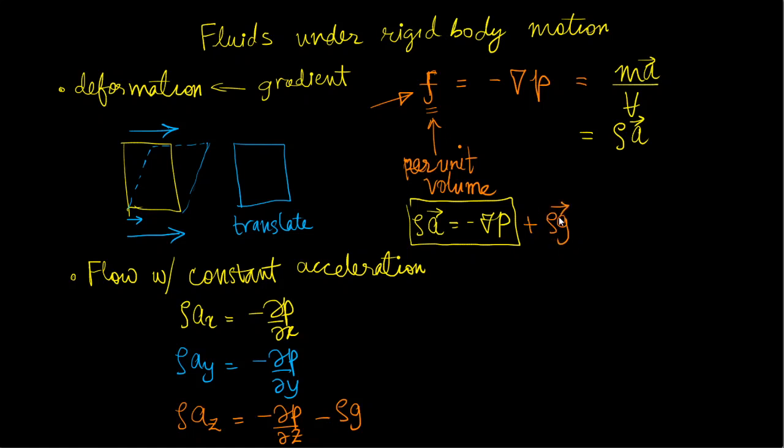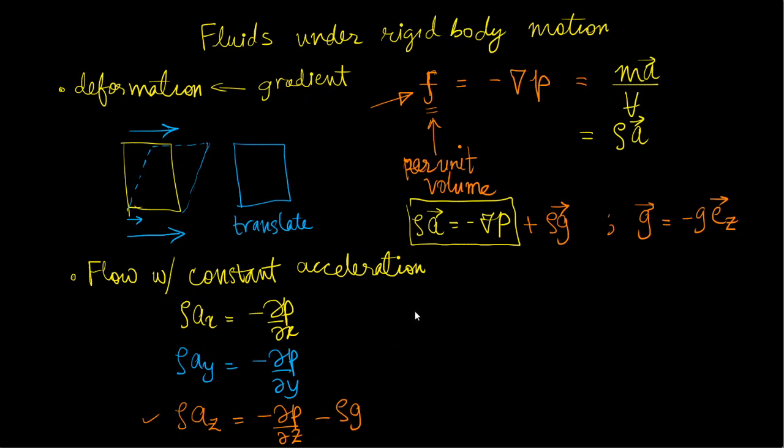So plus rho G, but when we substitute that G is equal to minus G acting in the Ez direction, we obtain this particular relationship. So these are the three equations which govern.